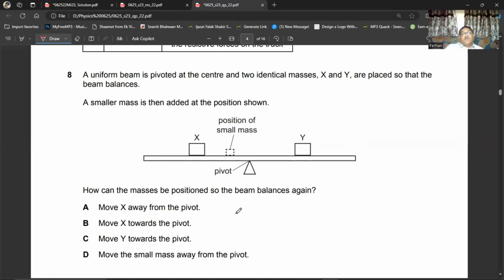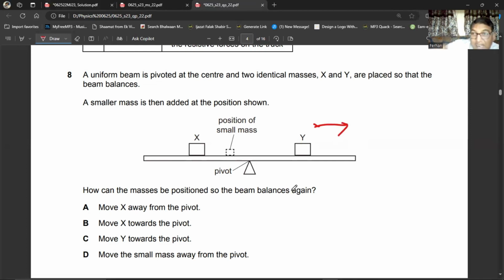How can the masses be positioned so that the beam balances again? So now the anti-clockwise moment would have become more than the clockwise moment. So to counter this increased anti-clockwise moment, you have to move this Y a little more towards the right.